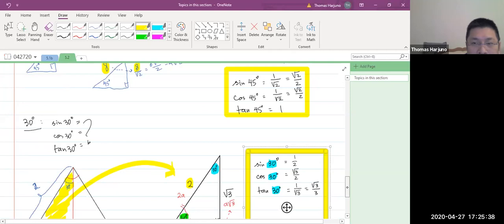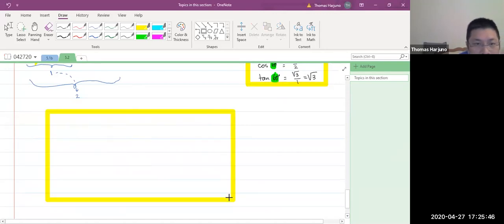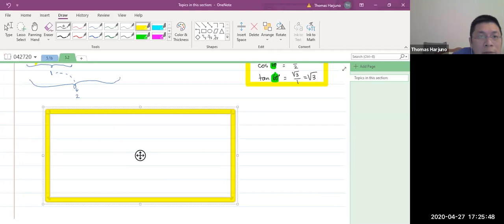Now let's summarize the trig values for these 3 special angles. I will make it like this.